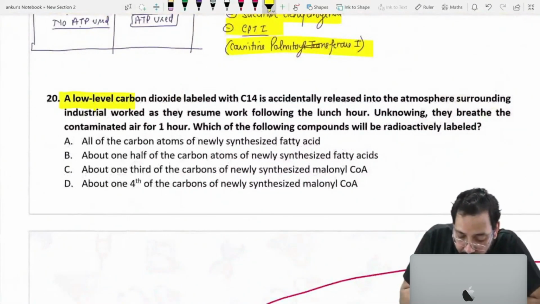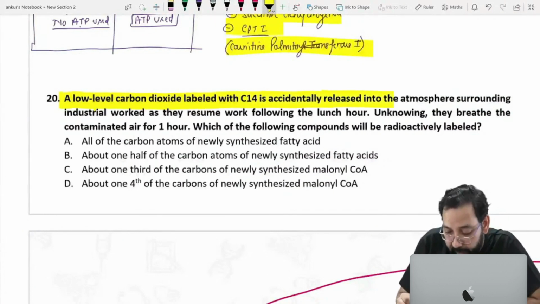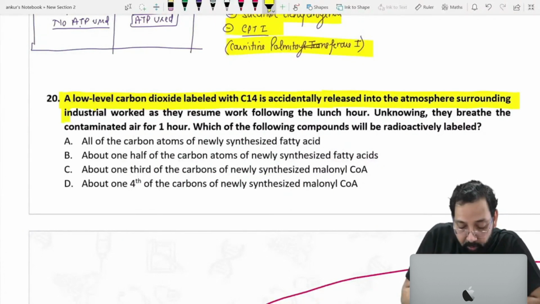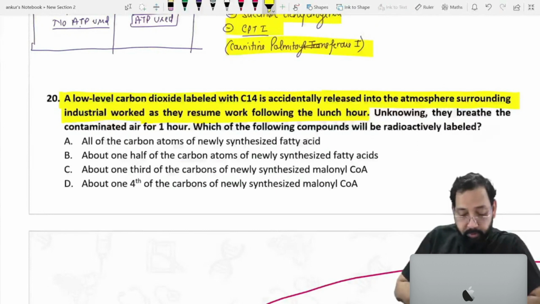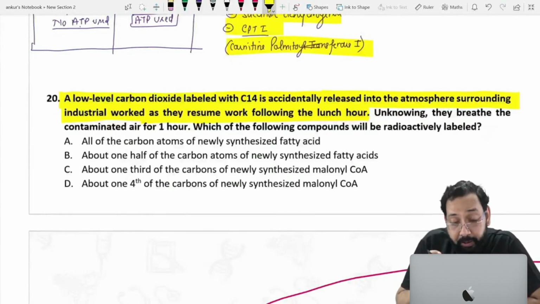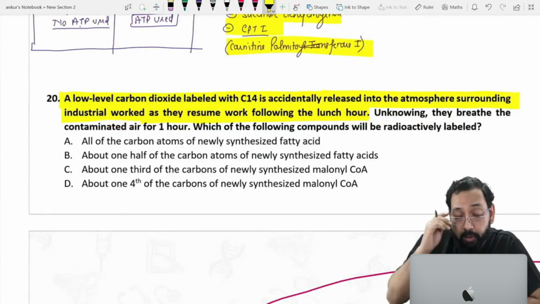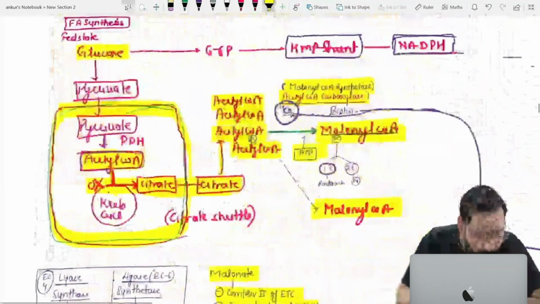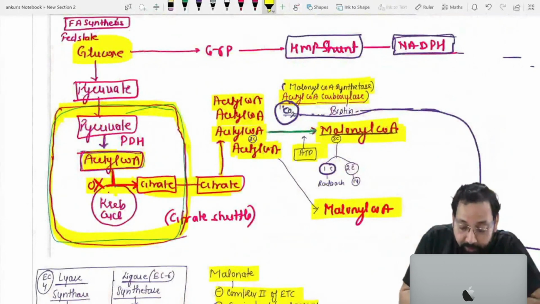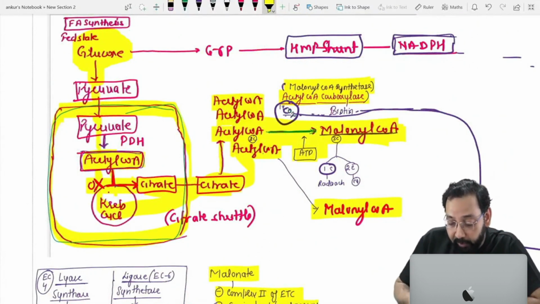A low level carbon dioxide labeled with C14 is accidentally released into the atmosphere surrounding industrial workers as they resume work following the lunch hour. So why have they given "following the lunch hour"? You all know, after lunch blood glucose will increase, and extra glucose will be converted into fat.